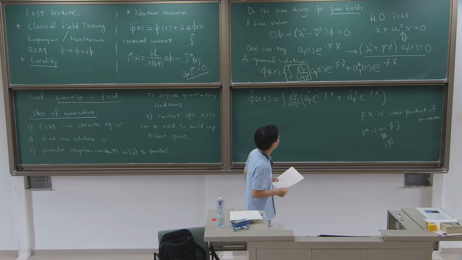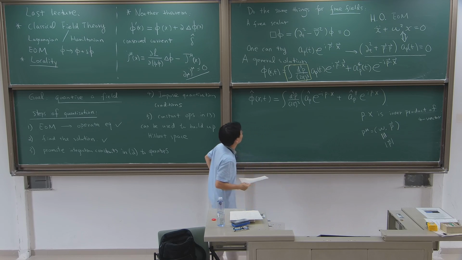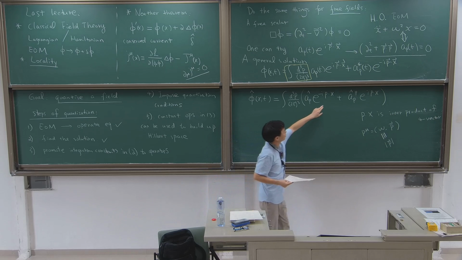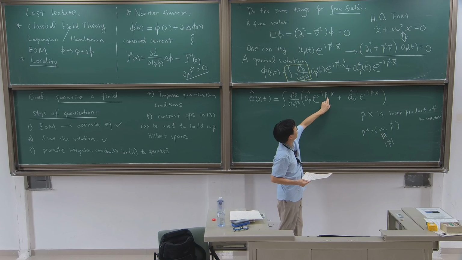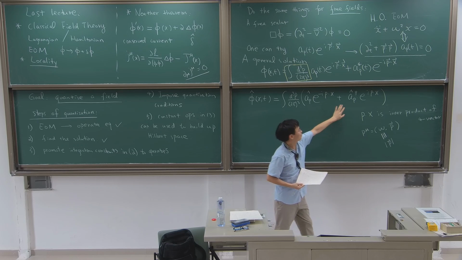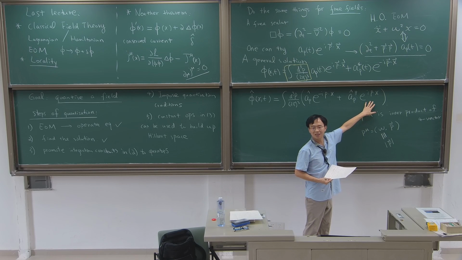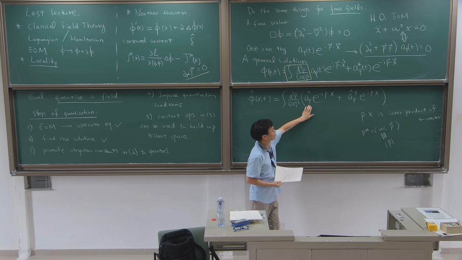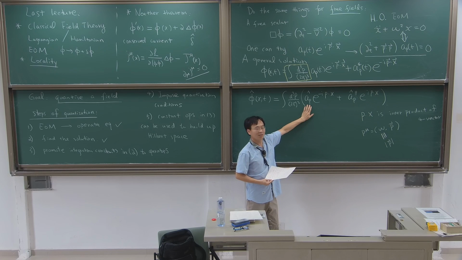Now let's try to make some observations. Since this is a 4-vector inner product, as we already learned before, the Lorentz index will be contracted over. So this part will be Lorentz invariant. You see, this part will also be Lorentz invariant. At this moment, we don't really touch the property of this A hat and A dagger hat.